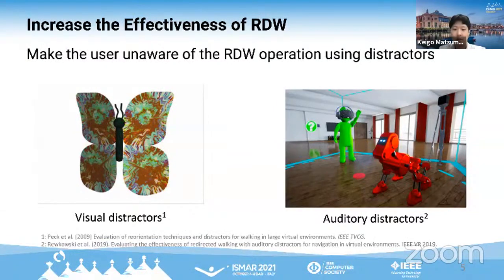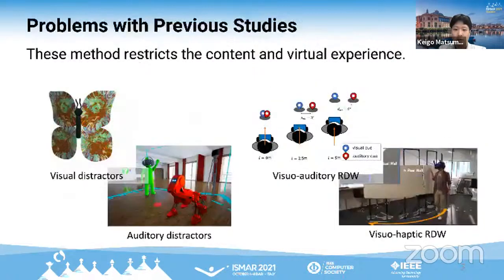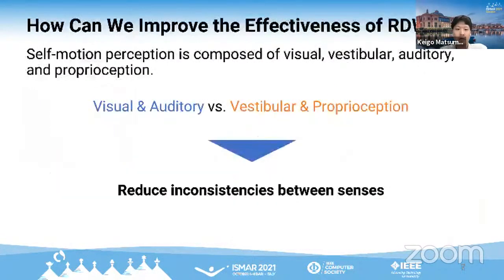Another method is adding other sensory stimuli to increase the effect of redirected walking, such as auditory and haptic cues. However, these methods restrict the content and the virtual experience. So how can we improve the effectiveness of redirected walking without any restrictions?